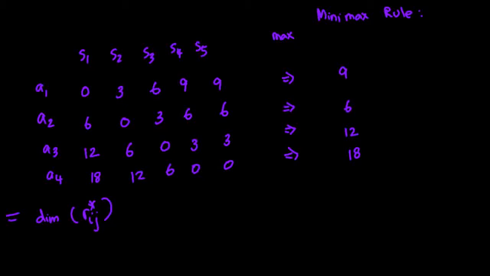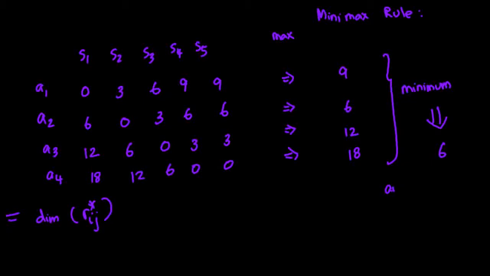And from this, now that I've found the maximum, I have to find the minimum, hence the name Minimax. So the minimum of 9, 6, 12 and 18 is 6.